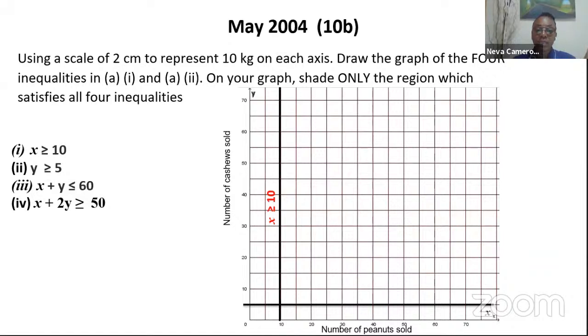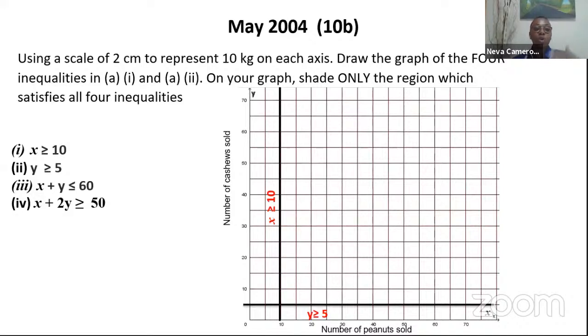Now we're about to plot the line y equals 5. Kimon, I want you to see that all the y values remain the same while the x values will be different. Which axis will the line y equals 5 be parallel to? The x-axis. Very good.